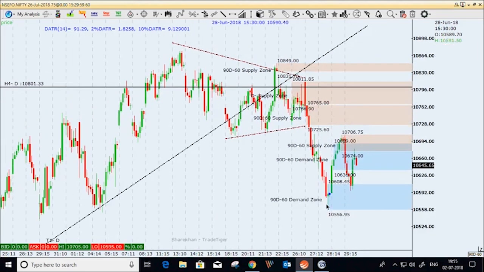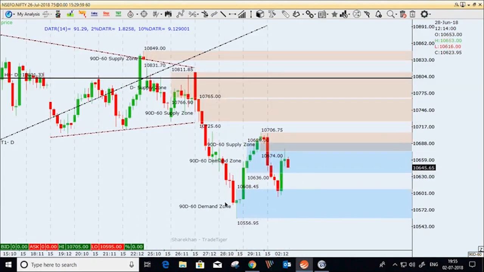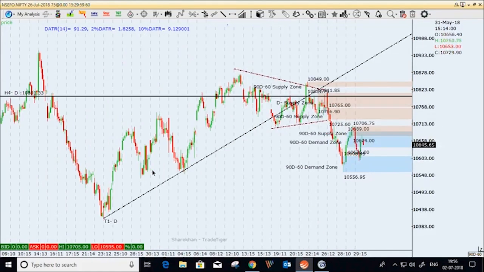In fact, at those times, our Nifty does not follow the world market and it goes its own way. I mean, domestic players probably work there. So these two reverse zones are there in the chart, which we could have traded.